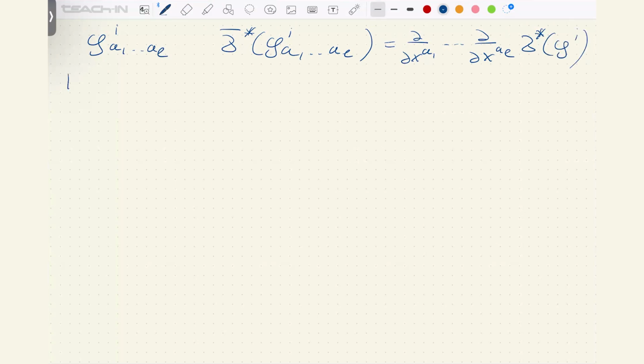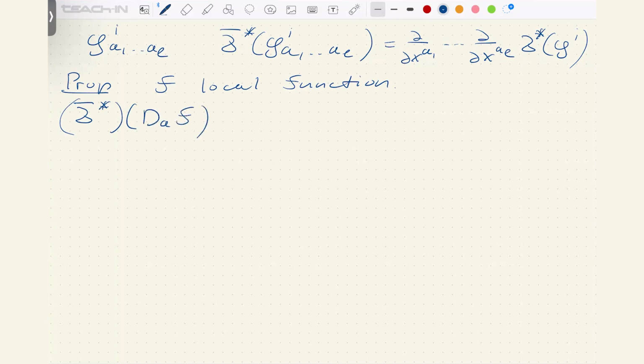Okay, and more generally, one can phrase it as a proposition: if f is a local function, then if we evaluate sigma bar star on D_A f, the total derivative, what we get here is just ∂/∂x^A of sigma bar star of f.